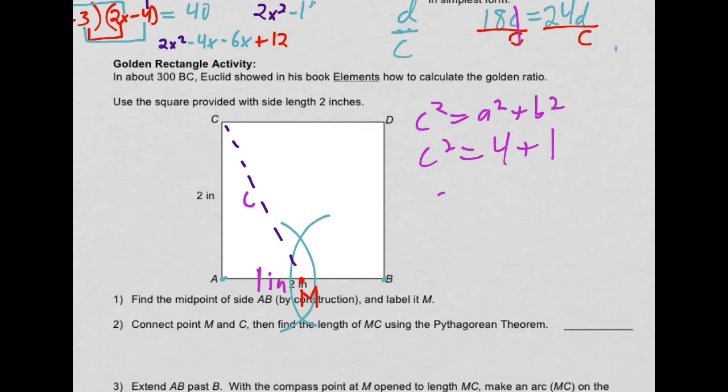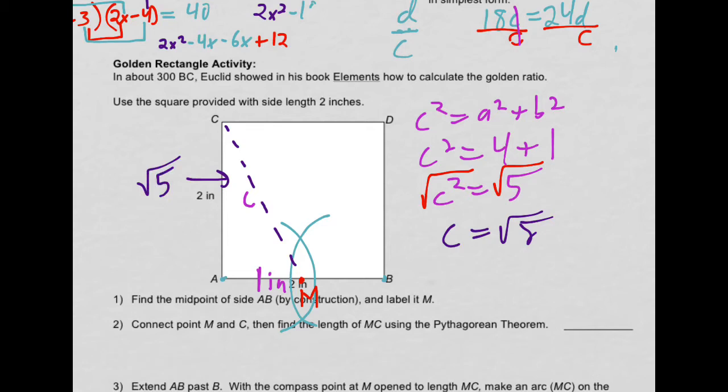So C squared equals 5. But remember, we're not looking for C squared, we're looking for C, so we have to take the square root of 5, and we end up with C equals the square root of 5.